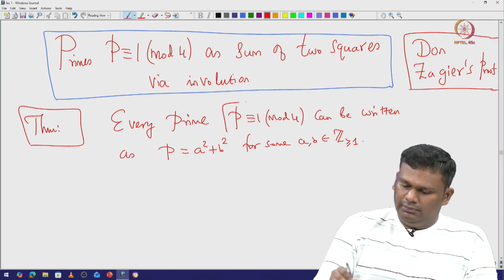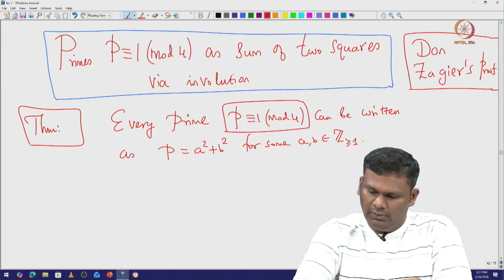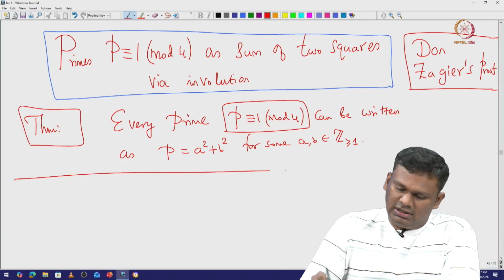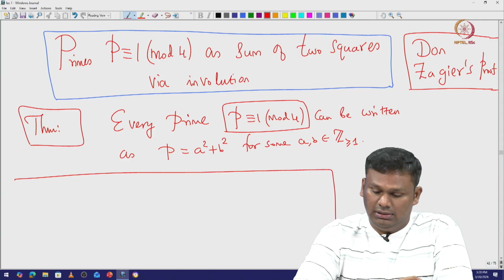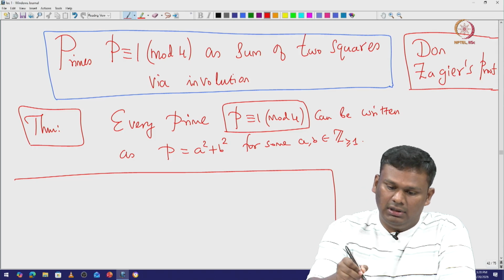We are going to prove this nice theorem using only combinatorics or involution maps. For that, let us first try to understand what one can do with involution maps.